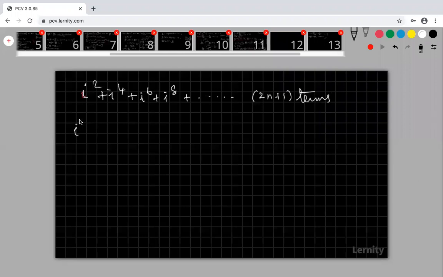Okay, so what is the answer? My i square plus i power 4 and so on, I can write it directly: i square plus i square the whole square, i square the whole power 3, i square the whole power 4, etc., up to 2n plus 1 terms.